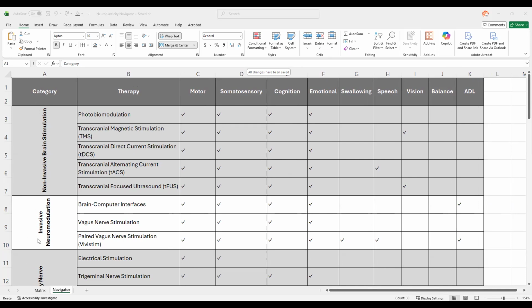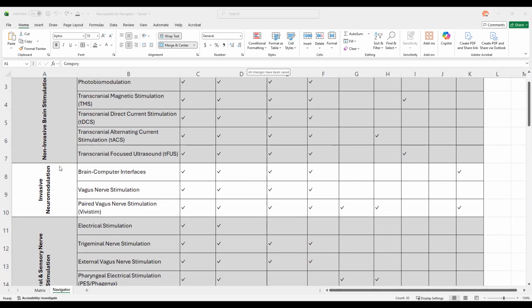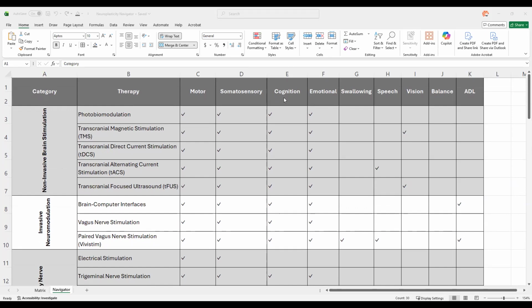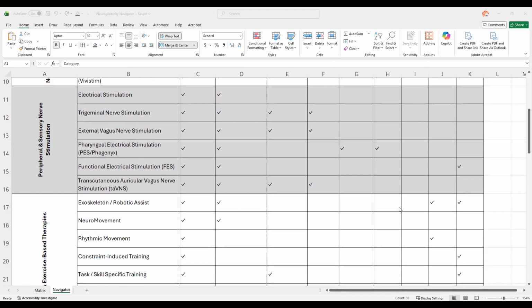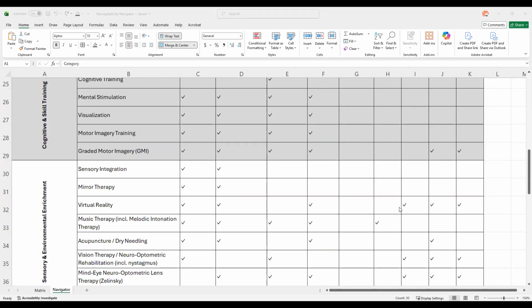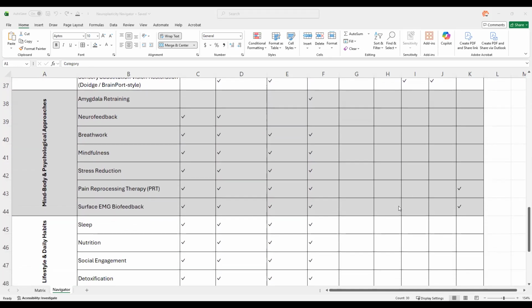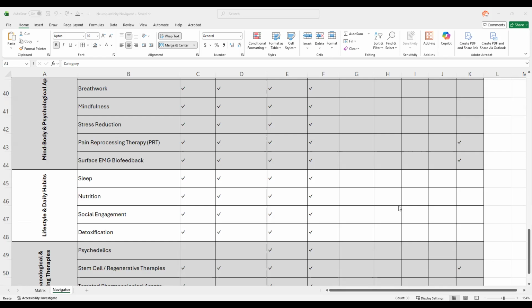For example, if you're not willing to do some sort of invasive modulation, like a brain computer interface where nodules are inserted into your brain, and you want to try something before that, you could look at the non-invasive types of therapies. If cognition is your issue, or you have depression, or vision related issues, you can scroll down and see what could be a fit with your specific challenges. We've broken it out by different categories to help you get started.